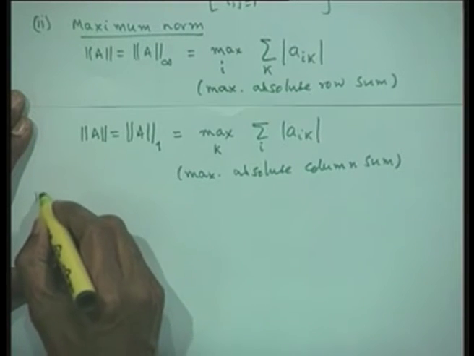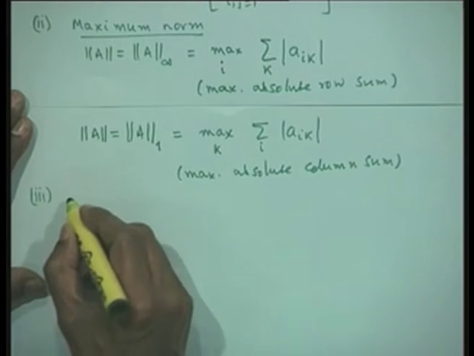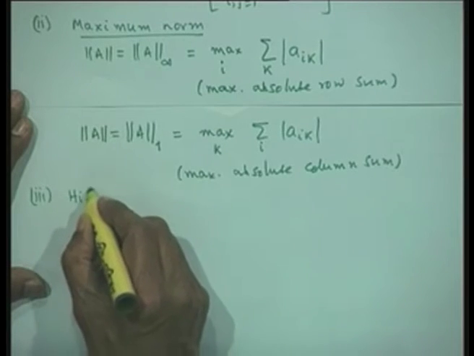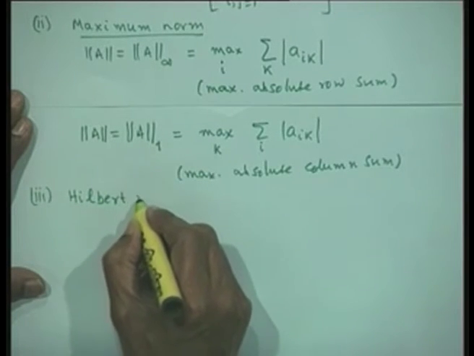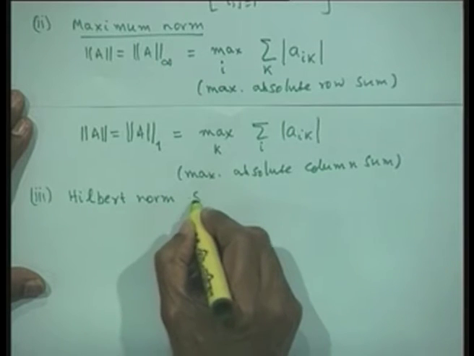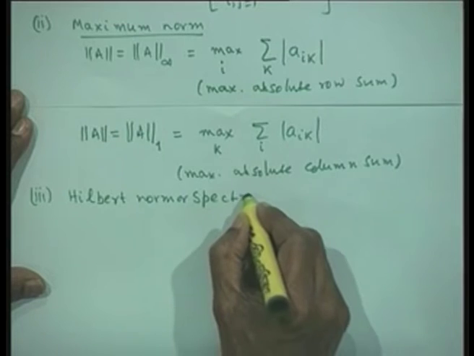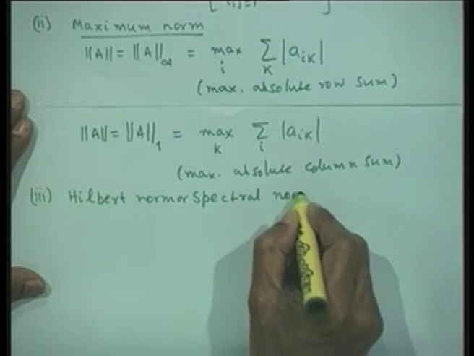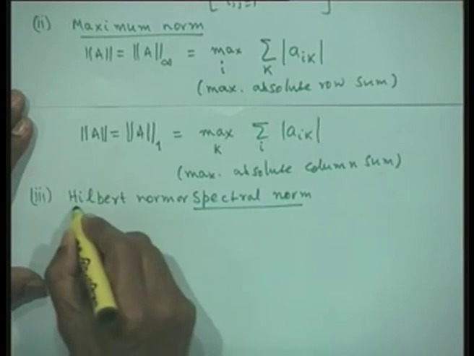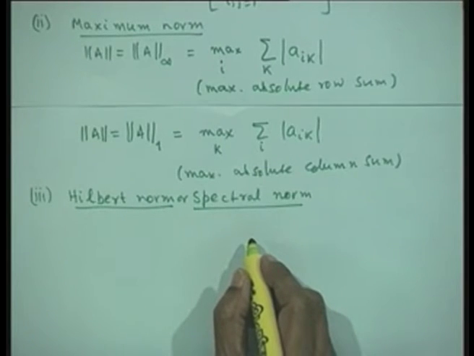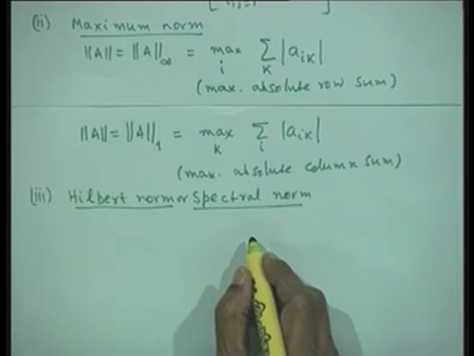The third norm that we need, and which we use very often, is called the Hilbert norm, or also the spectral norm. More often we use it as the spectral norm.